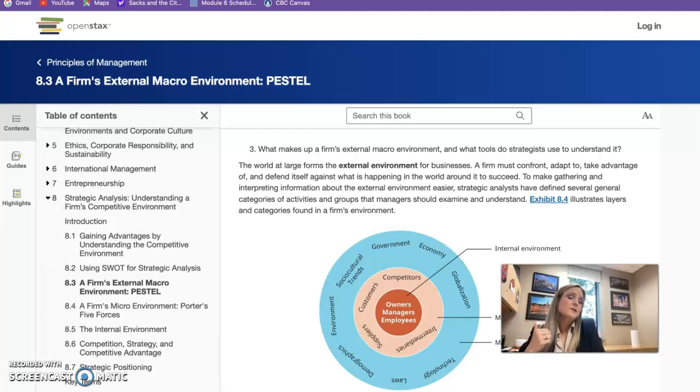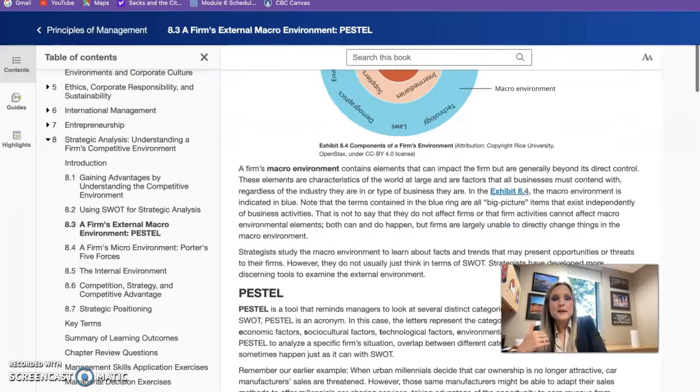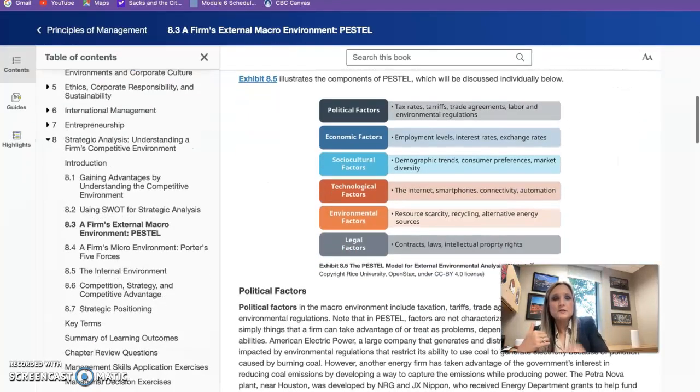When we talk about the political aspect of PESTLE, we're really just talking about a lot of things: tariffs, trade agreements, stuff like that. Okay, and scroll just a little bit to give you this visual, if you will.